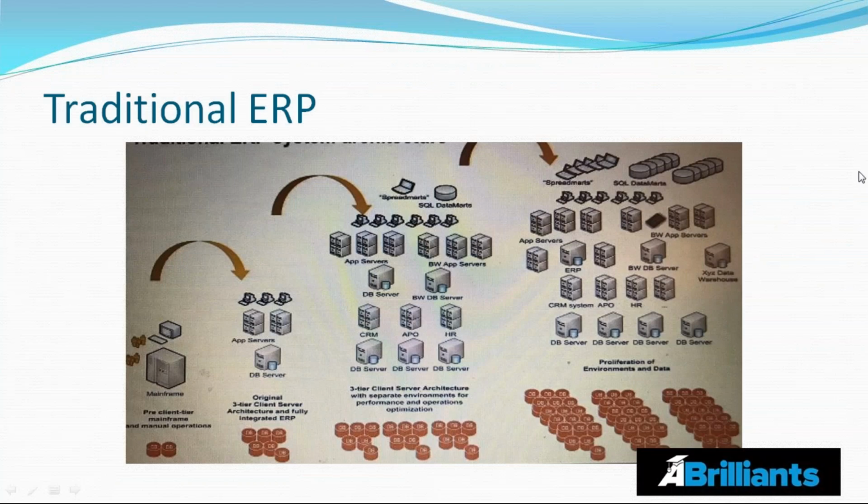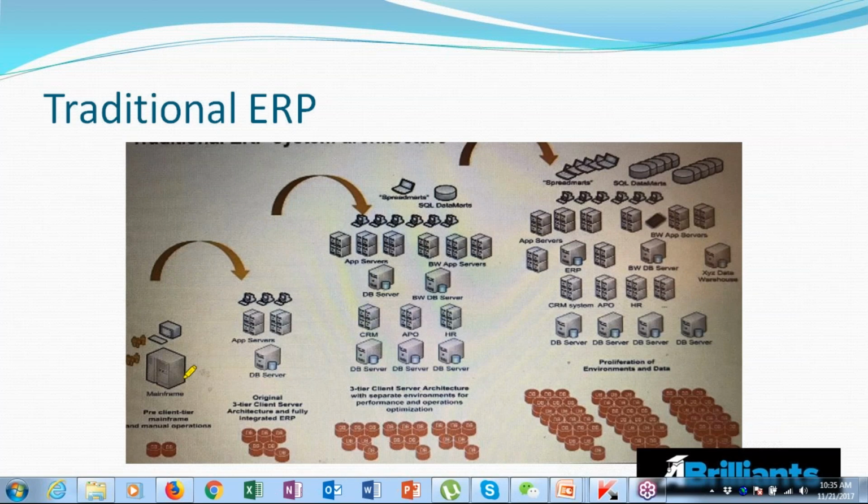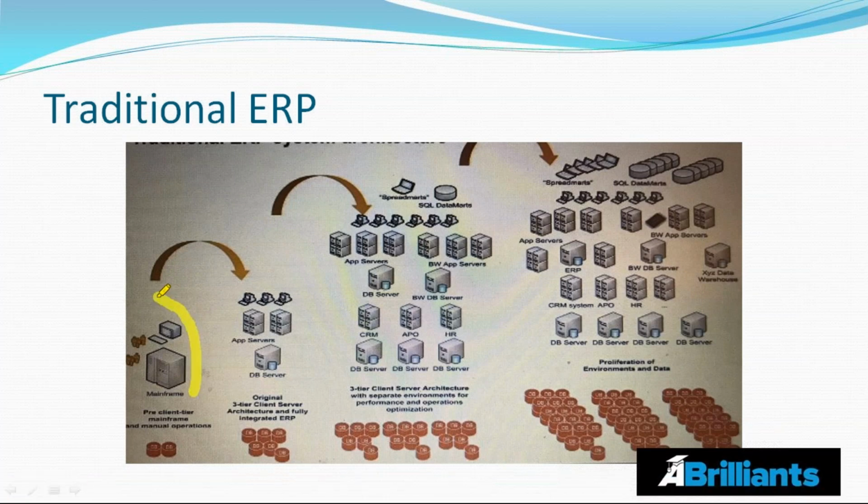Now, this is the most important and the most interesting part of the story, the traditional setup of SAP, which we did explain in the previous session. Now, in this chart, we do have a mainframe server. It was just scrutinized to one particular business location, one particular business architecture.